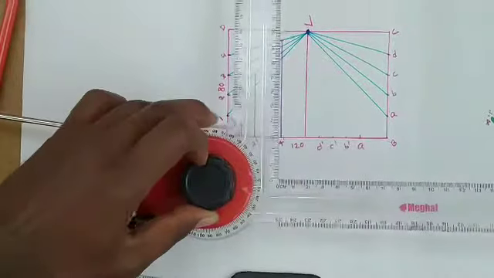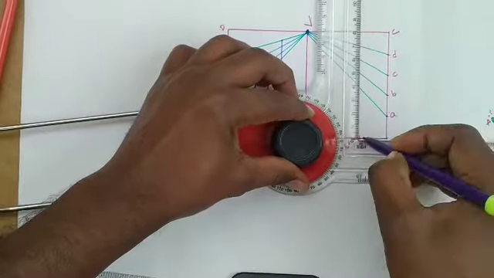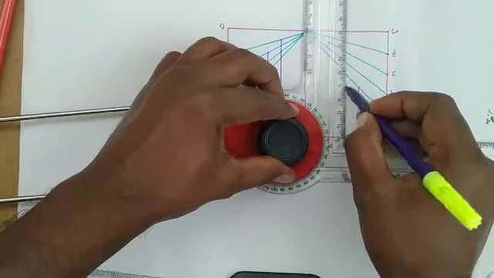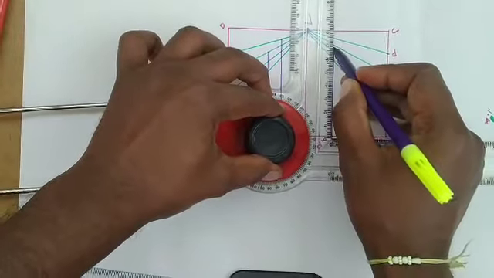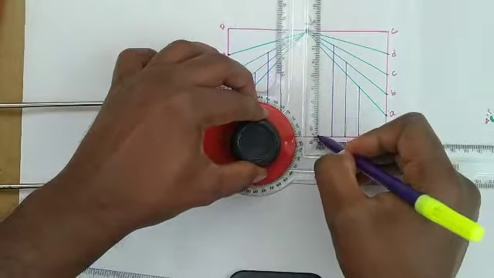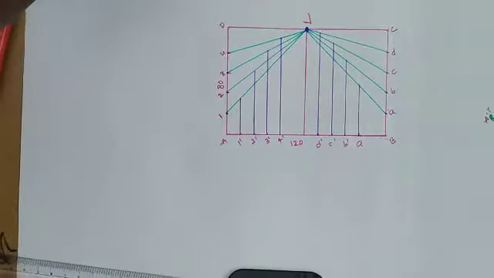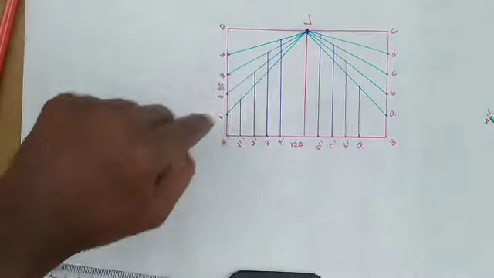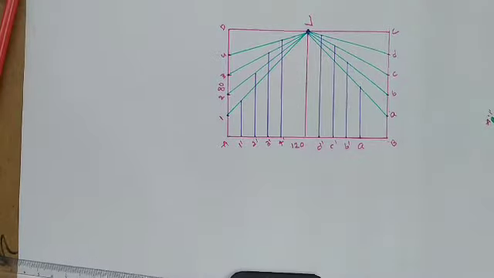Next, repeat the same here: draw a line from A dash to the line VA, from B dash to B, from C dash to C, and from D dash to D. Observe carefully: the 1 dash line and the V1 line meet at this point.